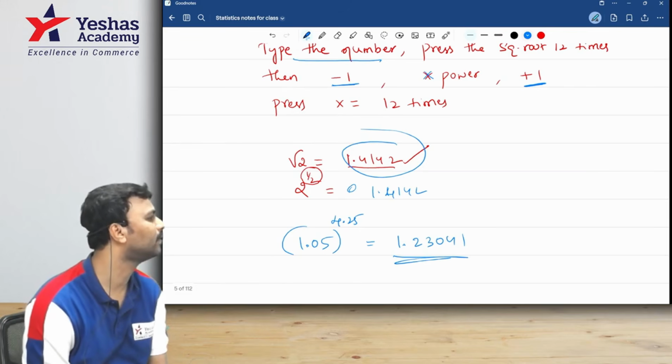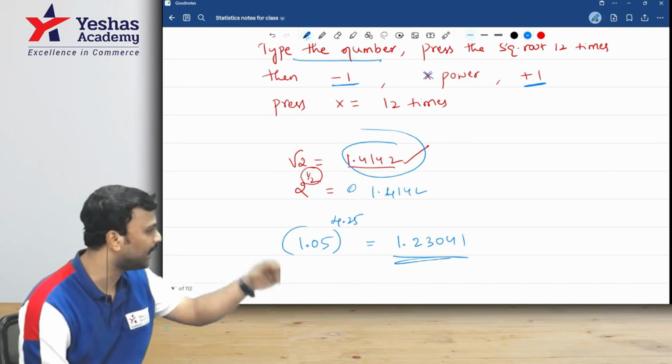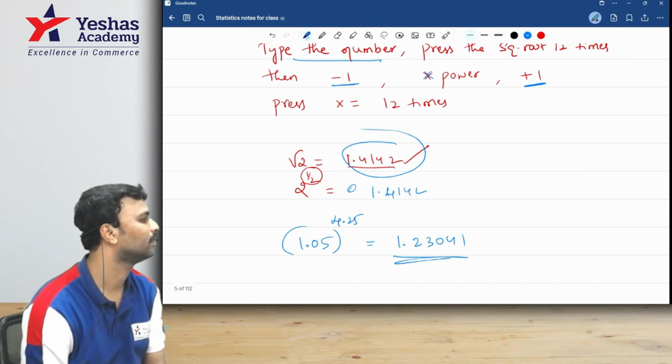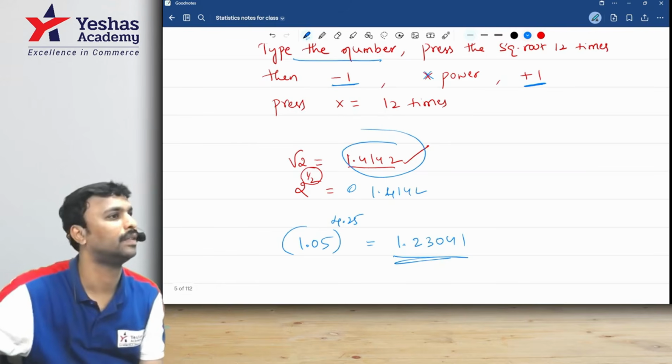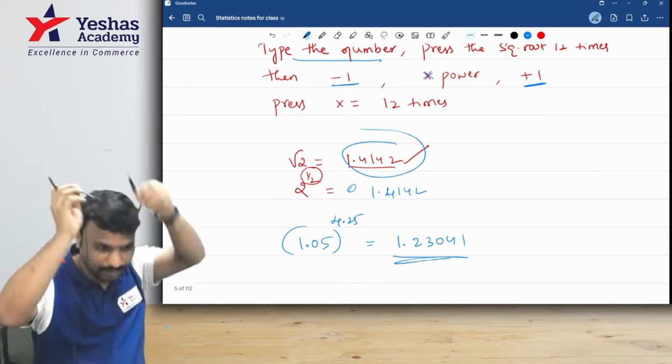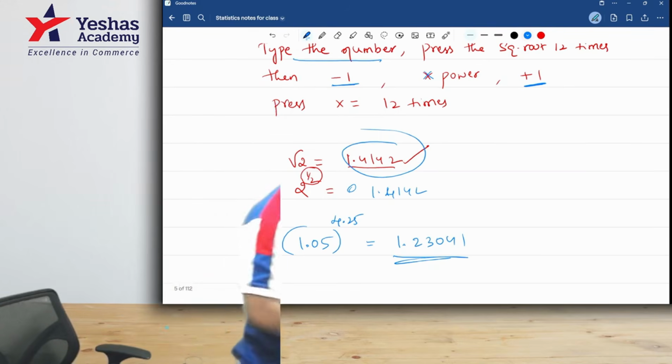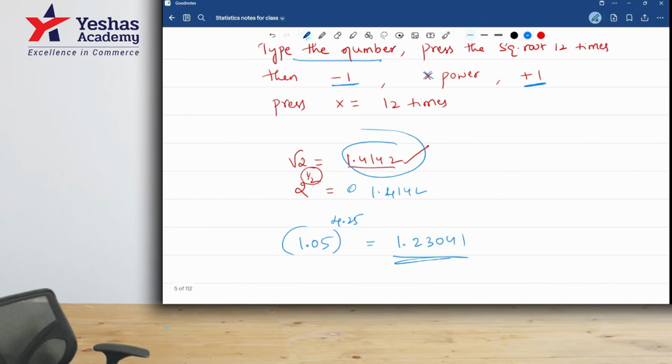You have to type 1 divided by 2, into 1 divided by 2, into power, plus 1.